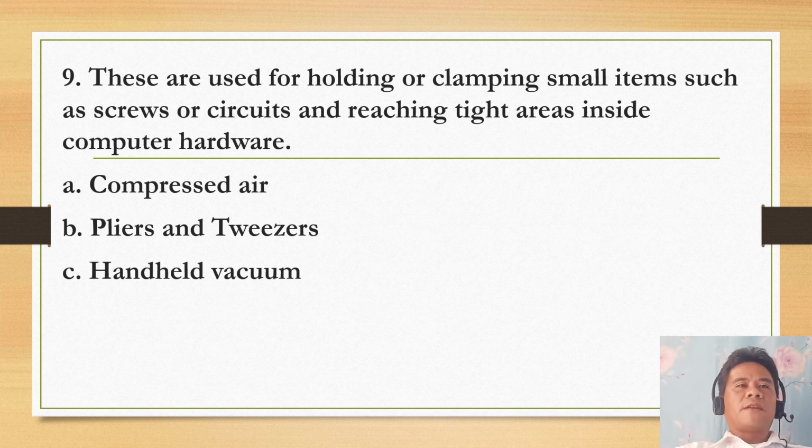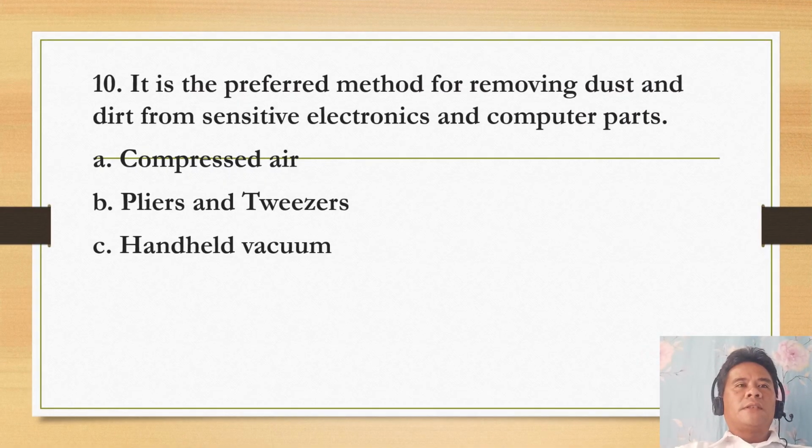A. Compressed air. B. Pliers and tweezers. C. Handheld vacuum. Number 10. It is the preferred method for removing dust and dirt from sensitive electronics and computer parts. A. Compressed air. B. Pliers and tweezers. C. Handheld vacuum.